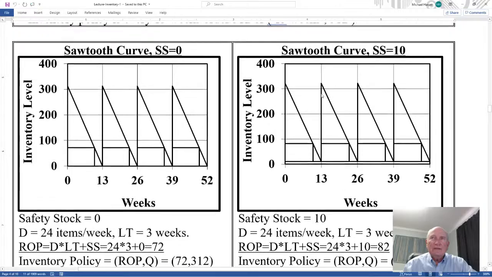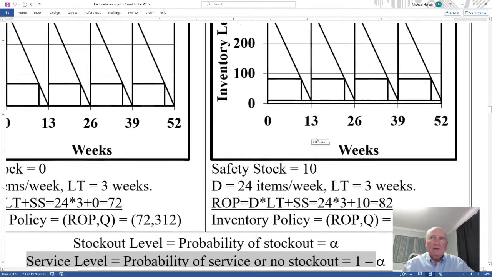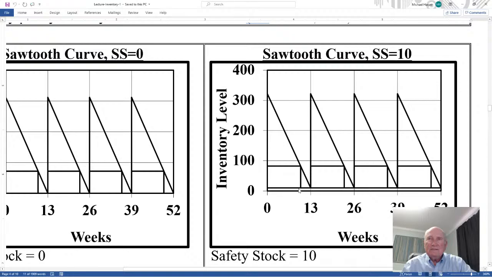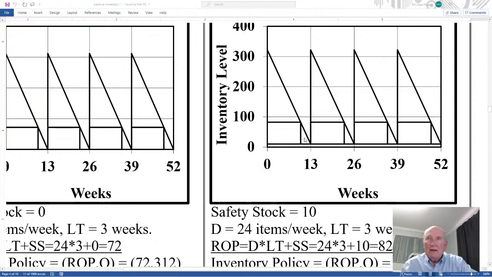And notice during this lead time, where the order is placed right here, I'm going to make sure you can see it. Here's my safety stock, and I carry the safety stock that whole lead time. But from this point to this point, here's my Q. Here's my ROP right here, my demand times lead time.